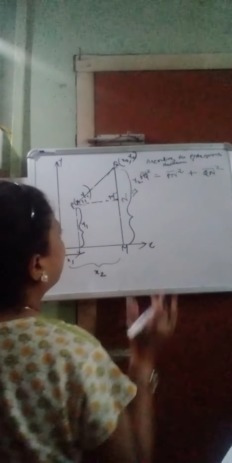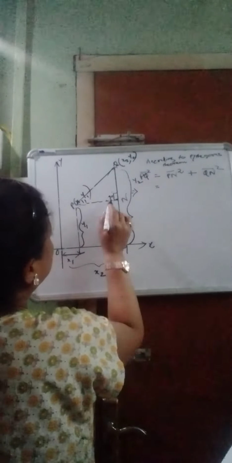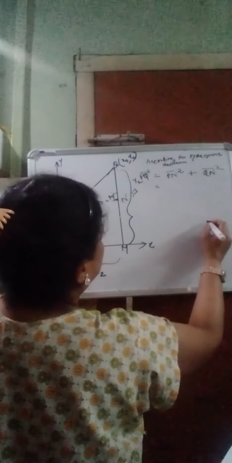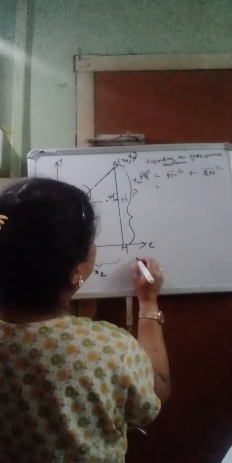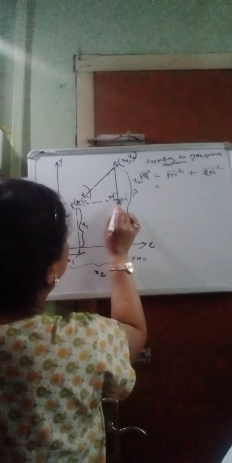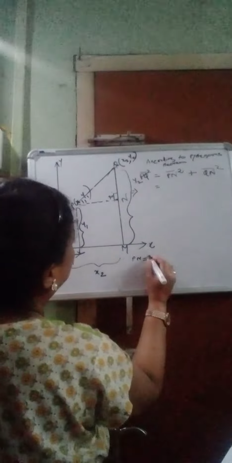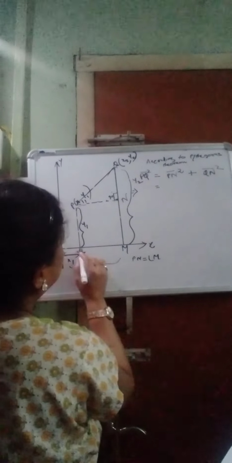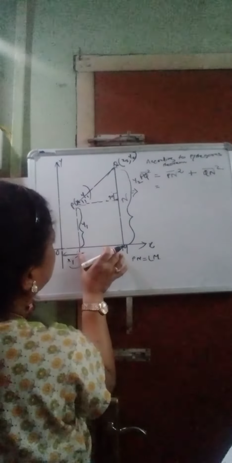I will remove the square of PQ later on. First of all, I will find out the measurement of PN. PN is equal to LM, these two measurements are the same.